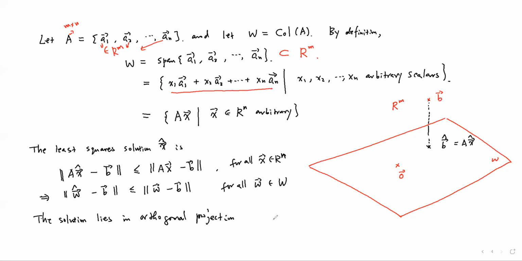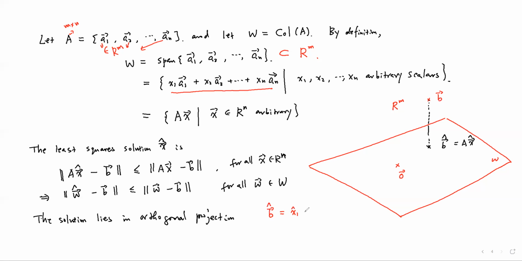Then how to find the projection? By formula, the projection is a linear combination. Because our projection is a point in the space, it is a linear combination.